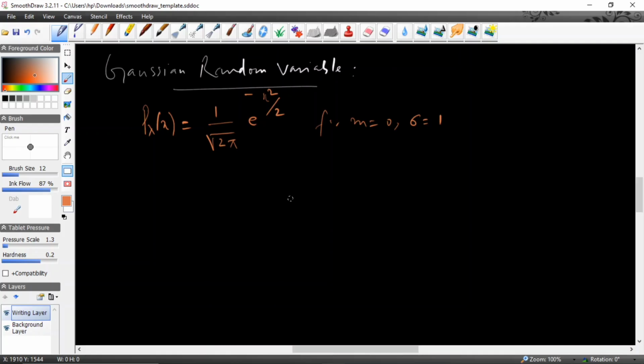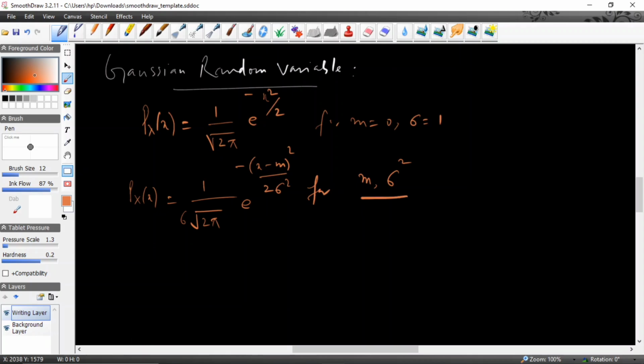Otherwise, if we have a mean value m and variance sigma square, then we have defined p_X(x) as 1 by sigma root 2 pi e raised to power minus (x minus m) square by 2 sigma square, where the mean is m and the variance is sigma square.